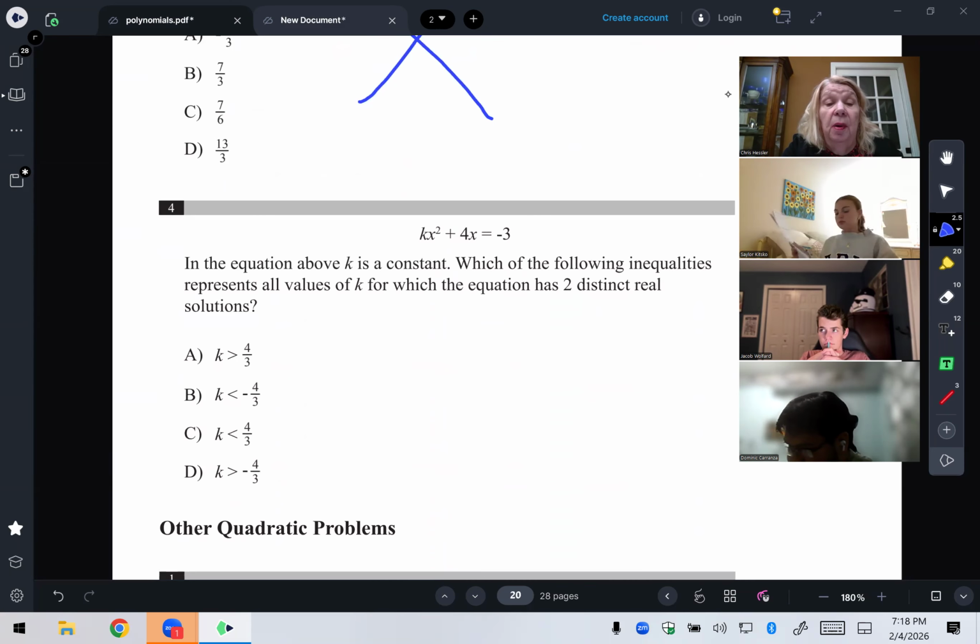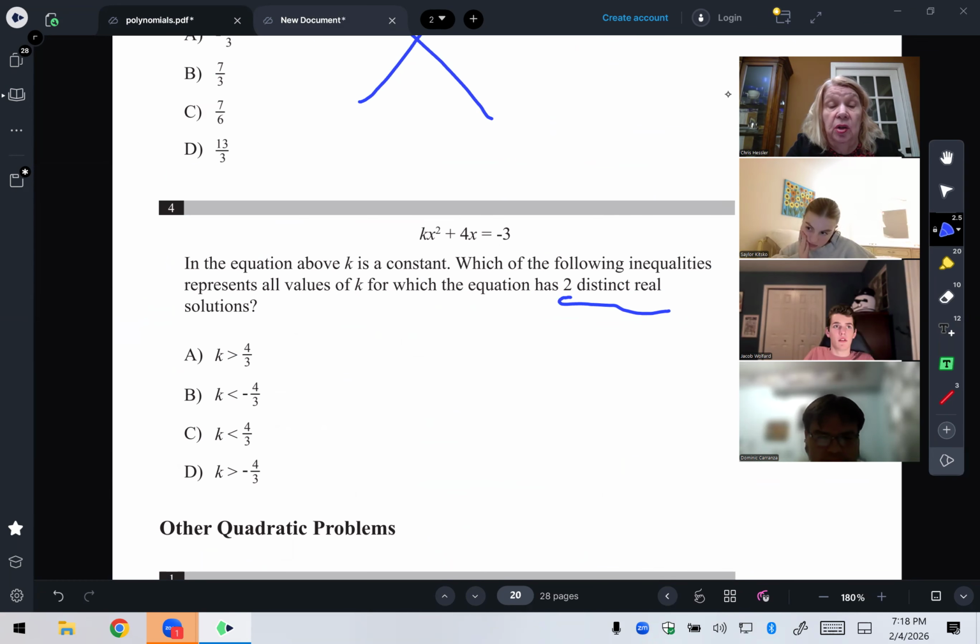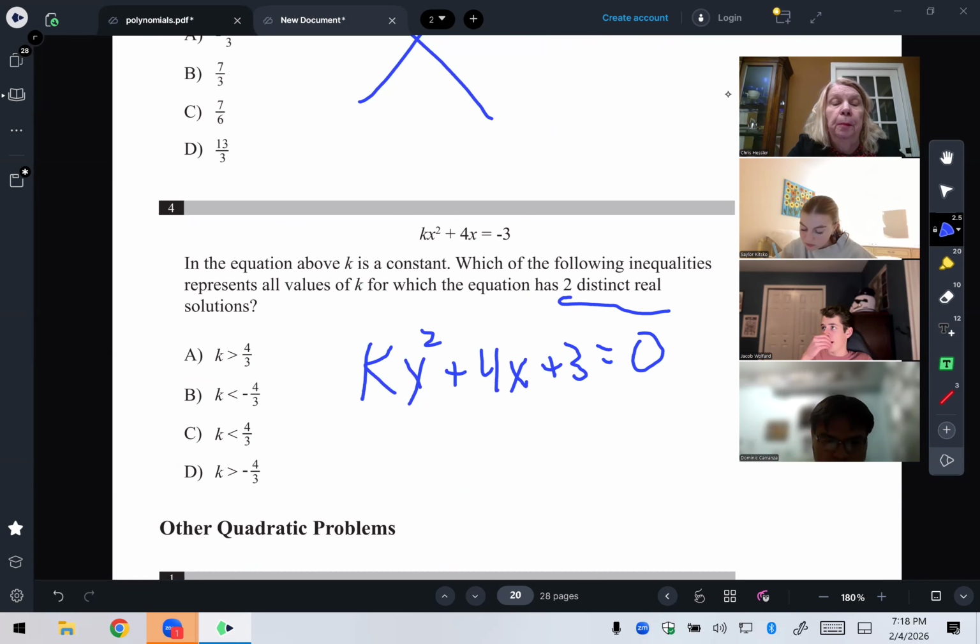In the equation above, K is a constant. Which of the following inequalities represents all values of K for which we want two distinct real solutions? So let's put it all into standard form.